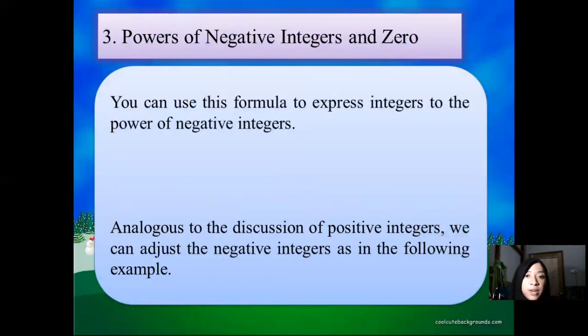The third, power of negative integers and 0. You can use the formula to express a number to the power of a negative integer. a to the power of negative n equals 1 over a to the power of n, or a to the power of n equals 1 over a to the power of negative n, with a not equal to 0.